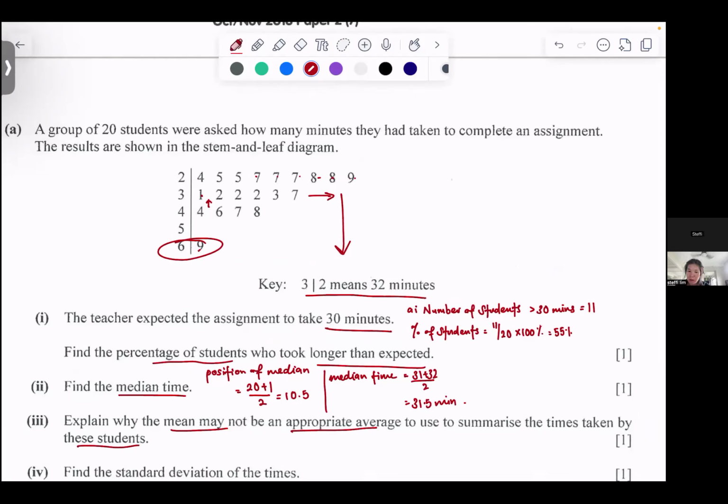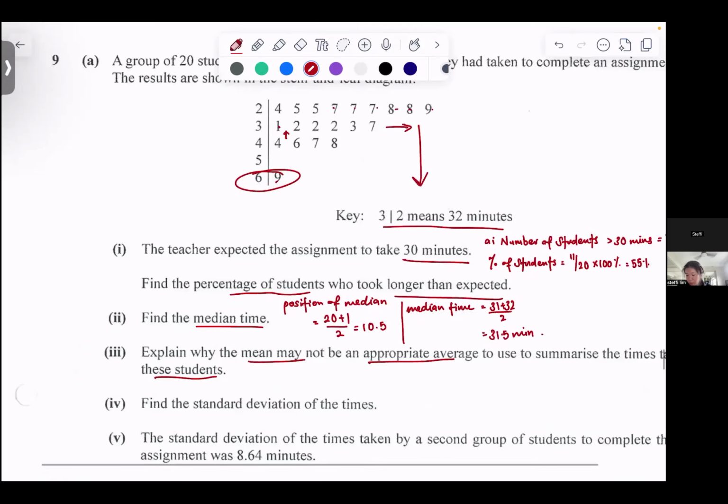It might not be representative of the other students, because maybe this student is just very slow and the other students are generally faster. So this is what will skew the average, and it's probably not appropriate.